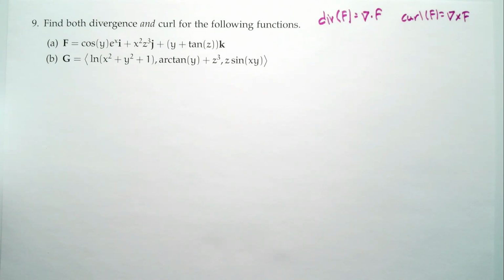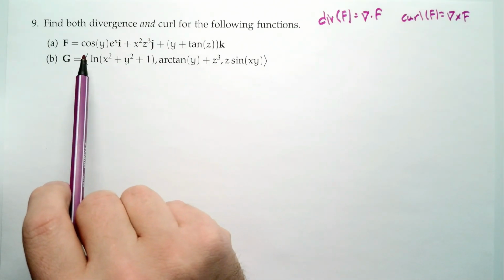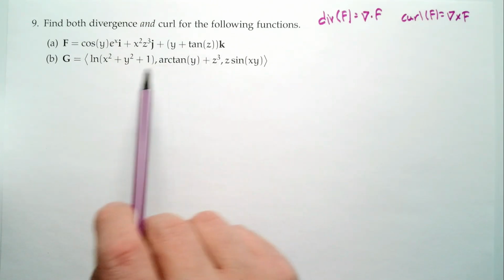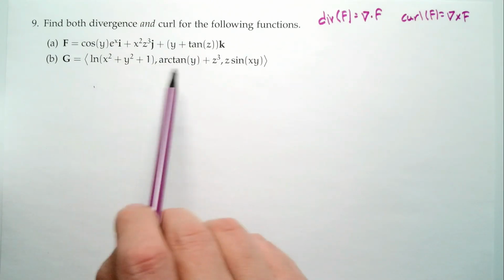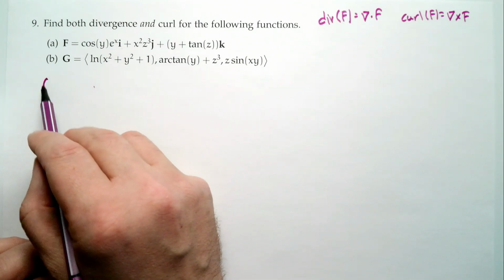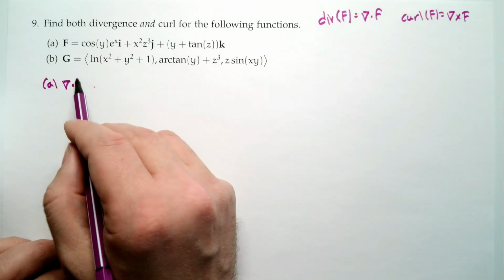Now note, you might be given functions in two different ways. We've seen both notations here, where you have something times i plus something times j plus something times k, or as a vector with three different entries. So let's start with part A. We'll start with del dot f, that's our divergence.